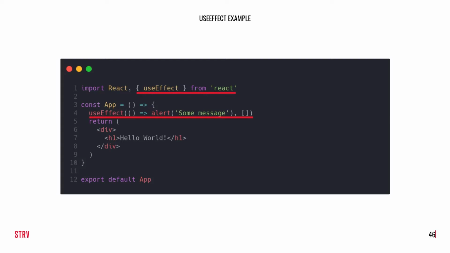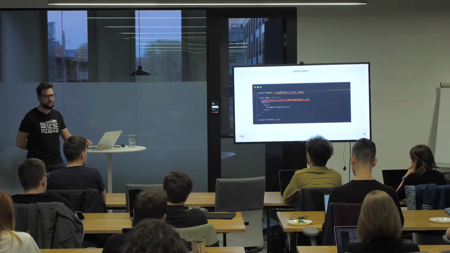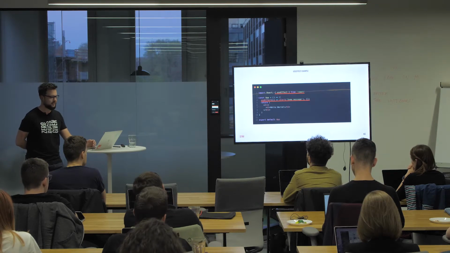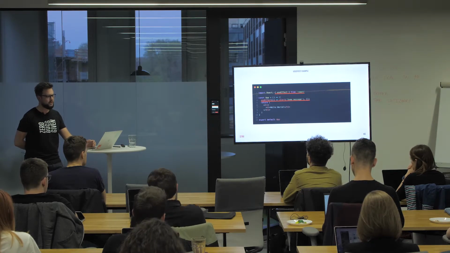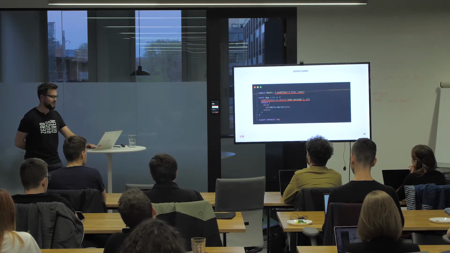First one is the function that will happen. Second one is an array of variables that useEffect will watch, and on change of a variable the useEffect will be called. So when you provide this array empty, it will be called just on first render. If you don't provide any second argument, it will be called on every render. So be careful because it can cause a lot of mess.